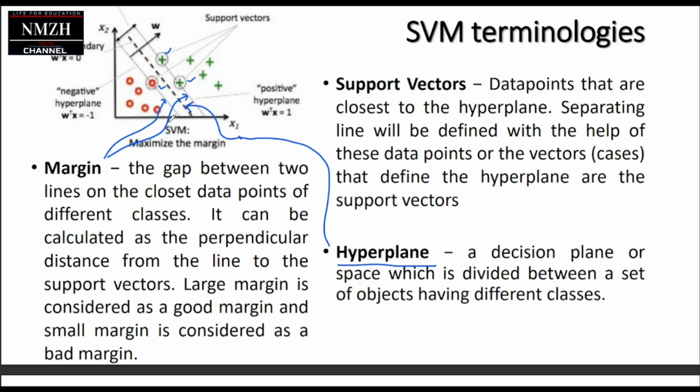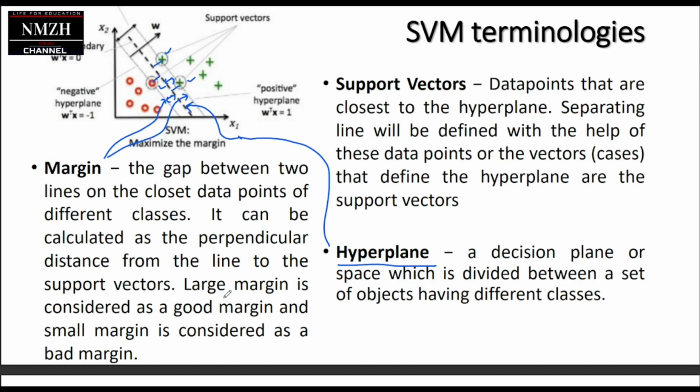So the gap between two lines of the closest data points of the different classes. This will be the gap and this also will be the gap, guys. It can be calculated as the perpendicular distance from the line to the support vectors, from this one and this one to this one.